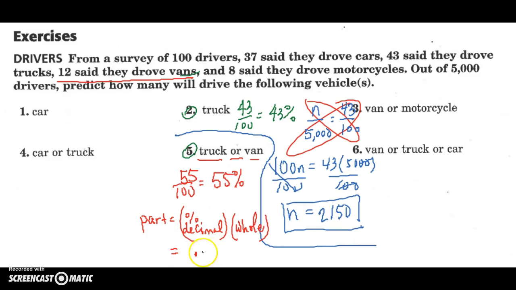That's the decimal for 55%, times my whole, which was 5,000 people surveyed. And that will more quickly tell me that it should be 2,750 people driving a truck or a van. So I am pulling this equation from our past lessons, or when in doubt, you can always set up a proportion and cross multiply it out.